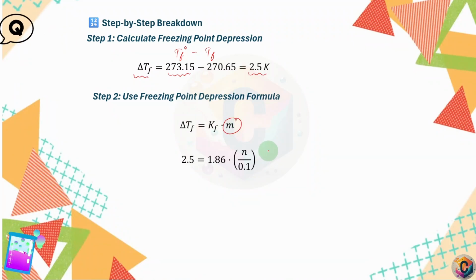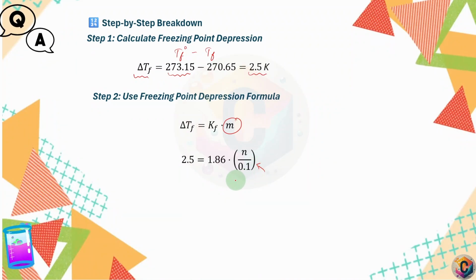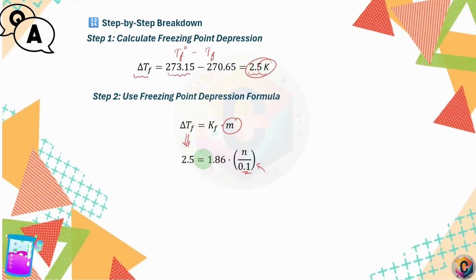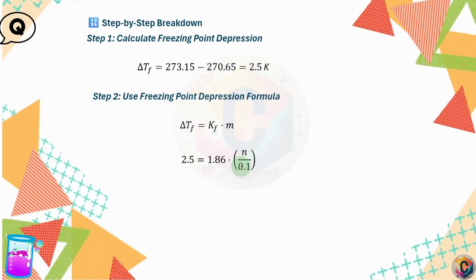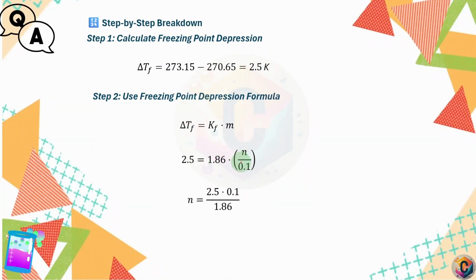The molality is not given, but only the mass of the solvent is given. By using density, we can convert the volume into mass. So delta Tf is 2.5, the Kf value given in the question is 1.86, and in place of molality we write number of moles divided by mass of the solvent. Rearranging this equation, we get the number of moles n to be 0.1344.